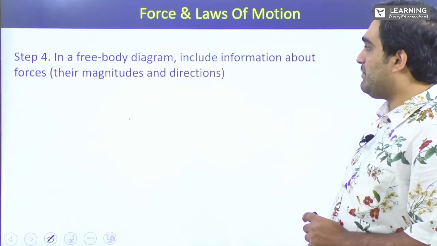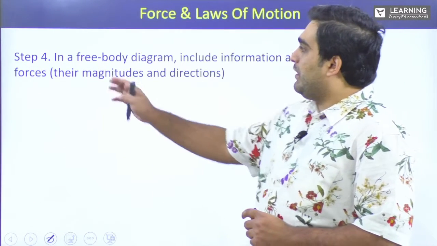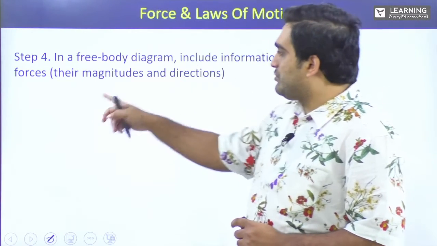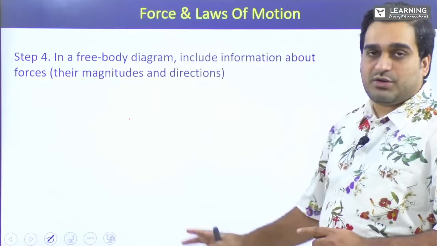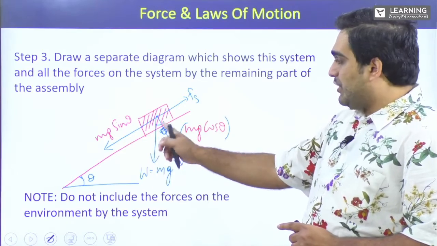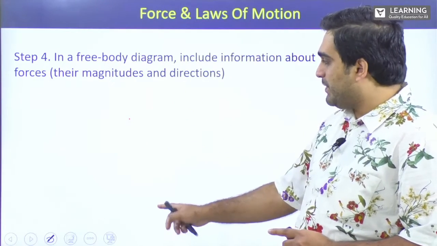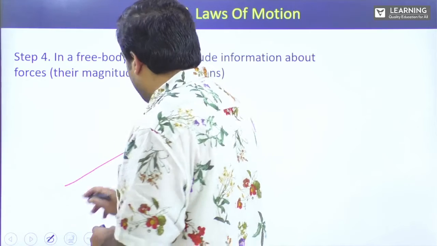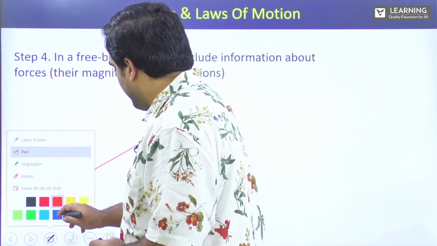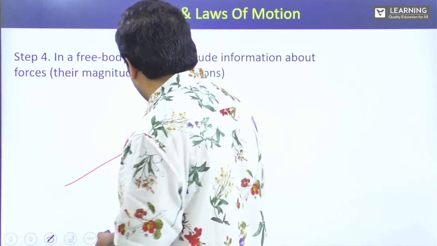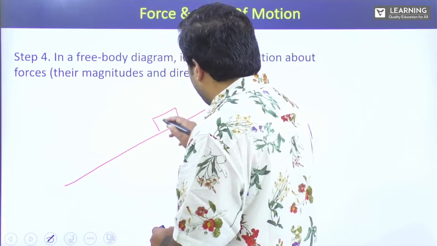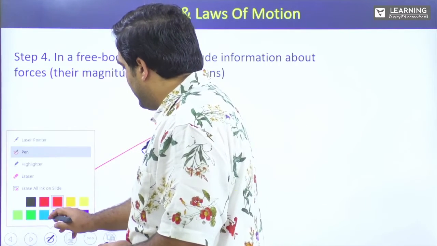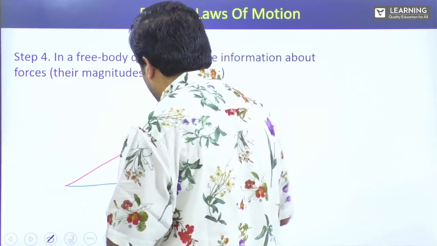Let's move on to step number 4. In a free body diagram, include the information about forces, the magnitude and direction, which we just did. So I'm going to copy paste it here. Then the block, and you have various forces that are acting.